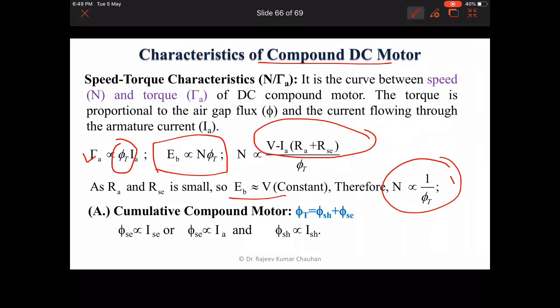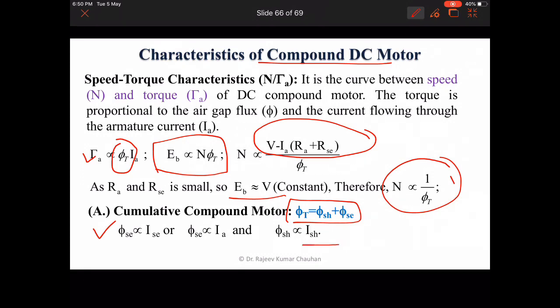In case of a cumulative compound motor, we know that phi t is equal to phi SH plus phi SE, and we also know phi SE is proportional to ISE, or IA, and phi SH is proportional to ISH.